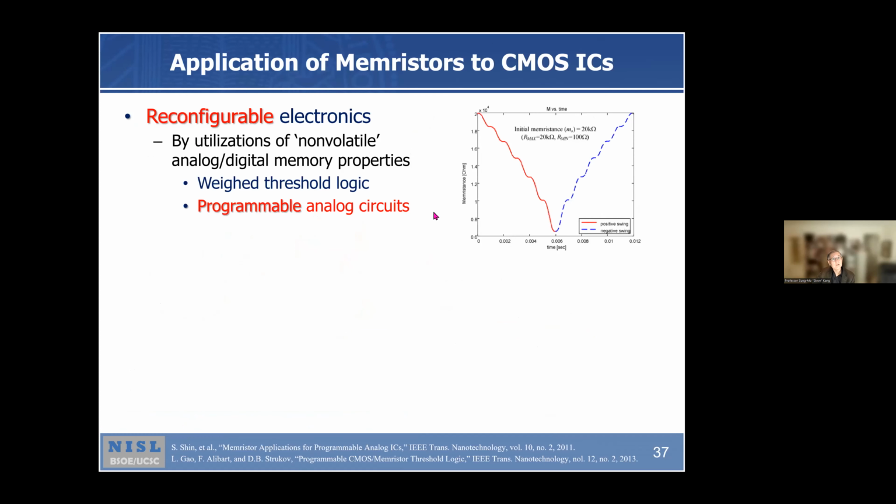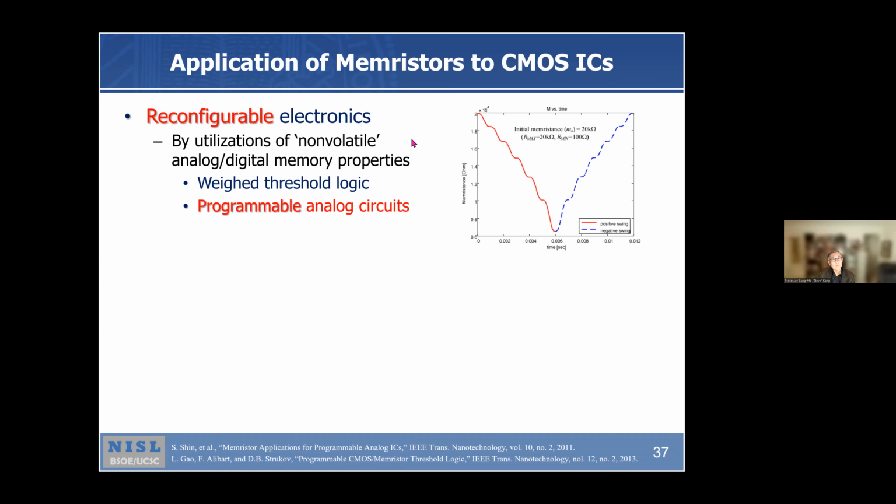It's a memristive device. Now, the nice thing about a memristive device, the memristor, is you can tune its resistance up and down. So it's applicable for reconfigurable electronics. If you have an analog circuit and you want to tune the resistance in the circuit, you don't have to replace it.